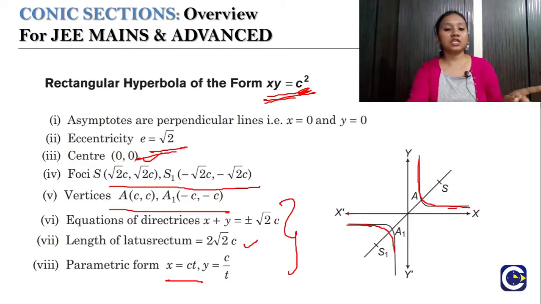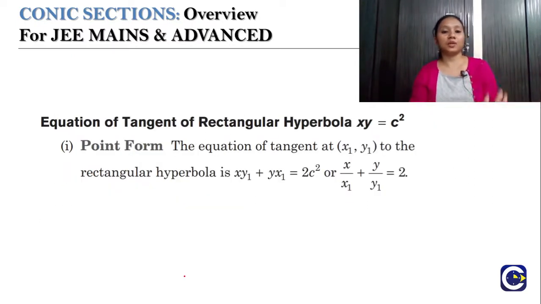As we have seen the equations of tangent and normal for the rectangular hyperbola of the form x square minus y square is equal to a square, let's now look at the equation of tangent of the rectangular hyperbola xy is equal to c square. The first is the point form.